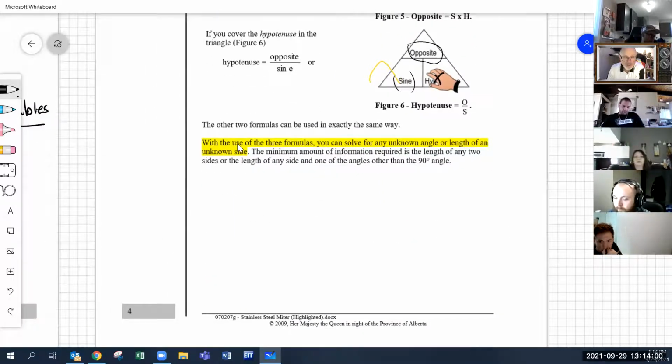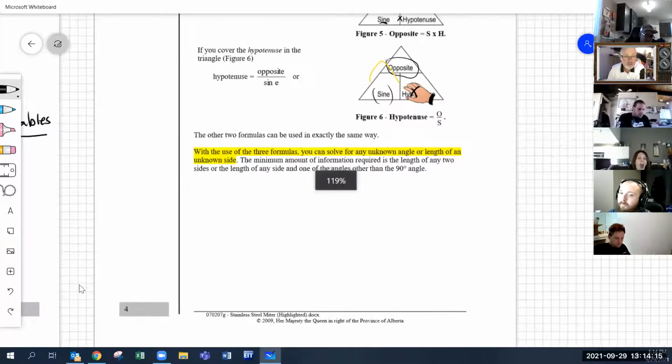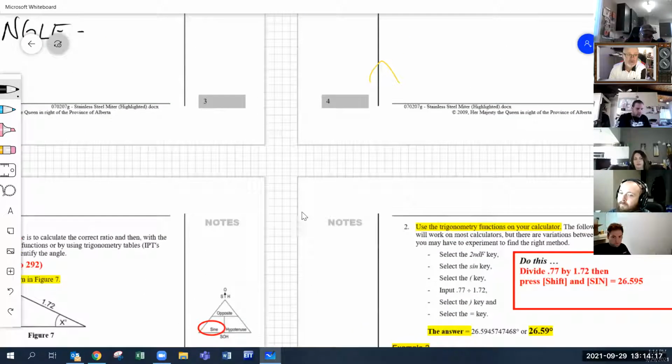Now, with the use of these three formulas, we can solve for any unknown angle or any length of an unknown side. Now, we also have to have two variables at all times before we use the formula triangle.